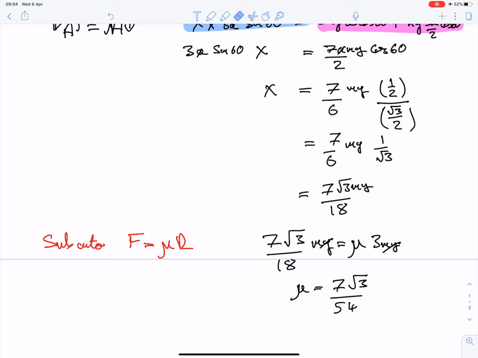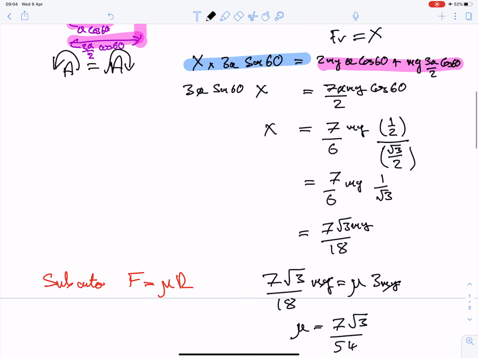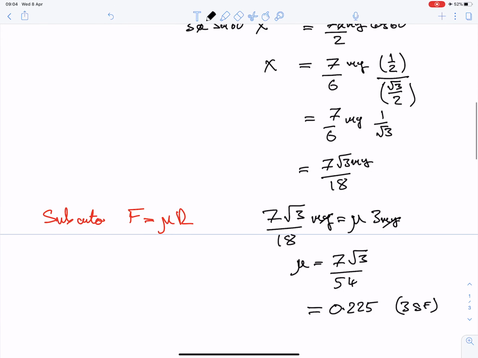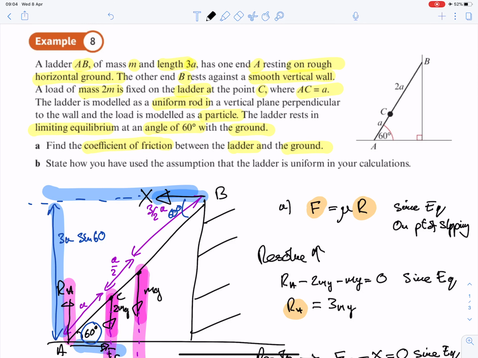So my friction is the same as X, which is 7 root 3 over 18 mg equals mu and then R, which we found earlier, 3 mg. So the mg's cancel, so mu is equal to 7 root 3 over 54.